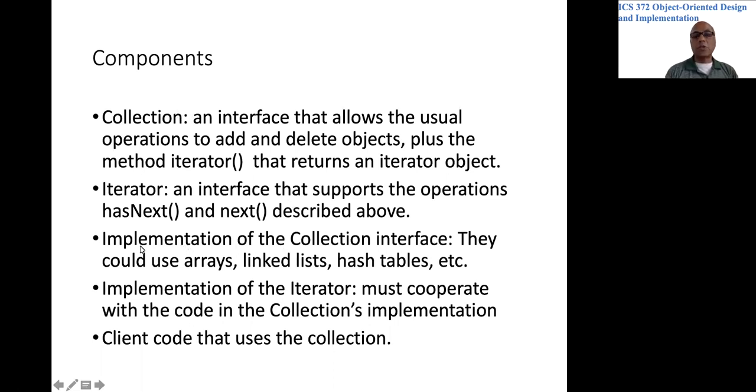This is an interface. So there are lots of classes that implement this. And iterator is an interface and a lot of implementations of the iterator. For every collection, there would be a corresponding iterator implementation. So for every collection class, there would be a corresponding iterator class.